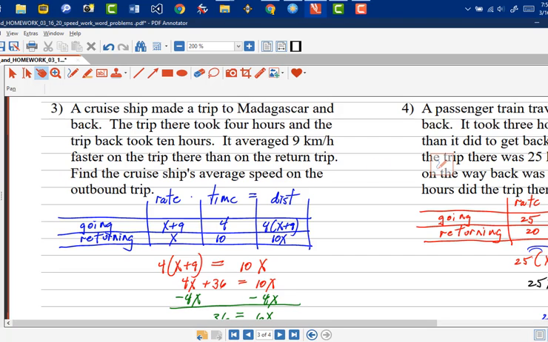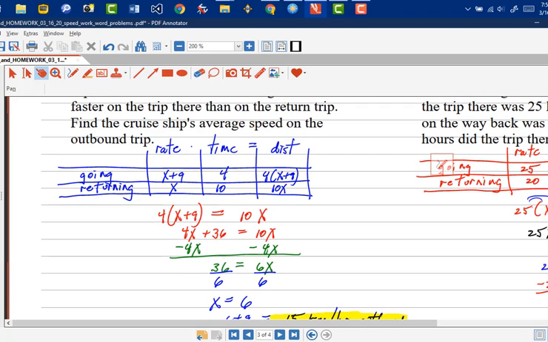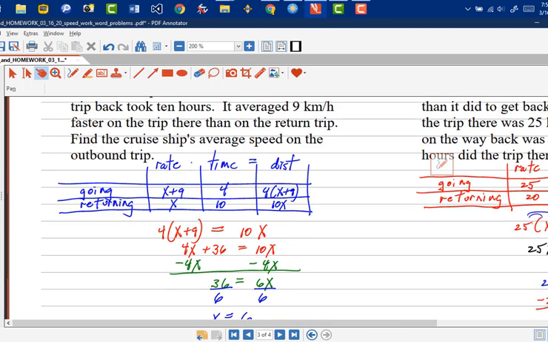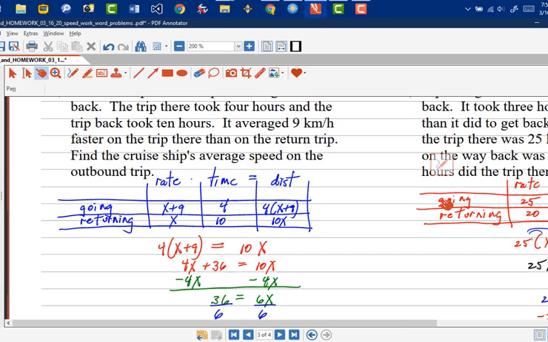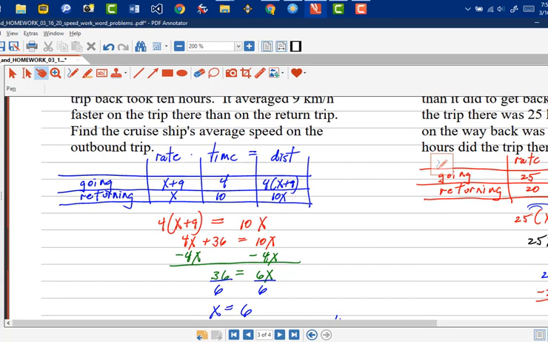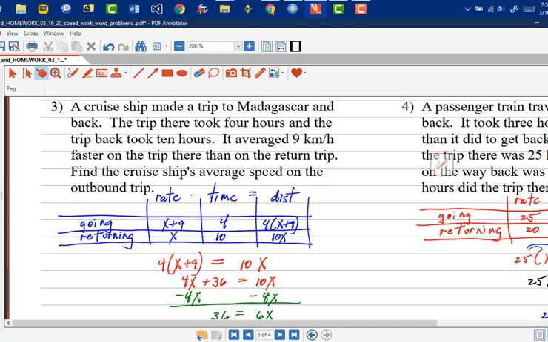So I'm going to set those distances equal to each other to get my equation. I get 4 times x plus 9 equals 10x, and then I solve that linear equation for x, and I get x equals 6. So that's the speed on returning, the inbound trip. So if I add 9 to that, x plus 9, I get 15 kilometers an hour on the outbound trip, which is what you're solving for.